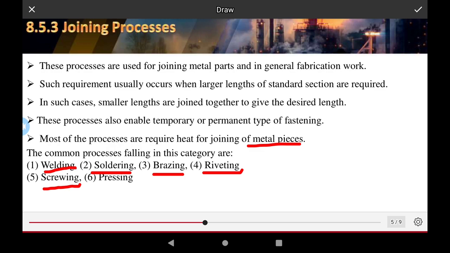Press forming is also a secondary manufacturing process for joining, in which one metal is set on a second metal for holding, and pressure is applied with the help of devices.